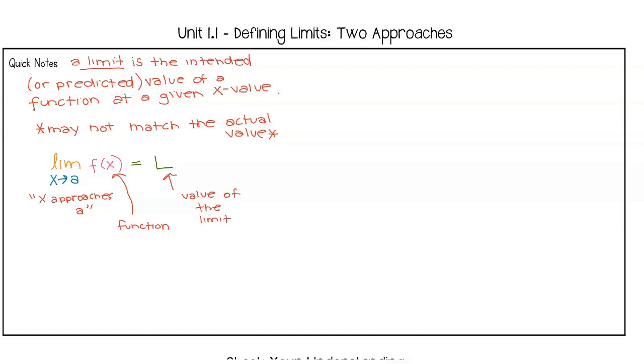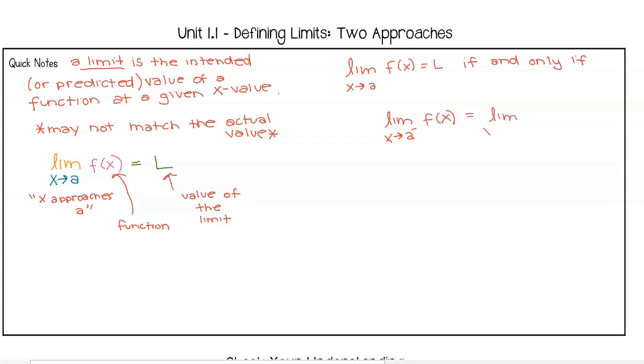The other thing we saw is that the limit as x approaches a of f of x equals L if and only if the limit as x approaches a from the left equals the limit as x approaches a from the right. Those two have to be equal for the limit to exist. So both sides must match, otherwise we say it does not exist.